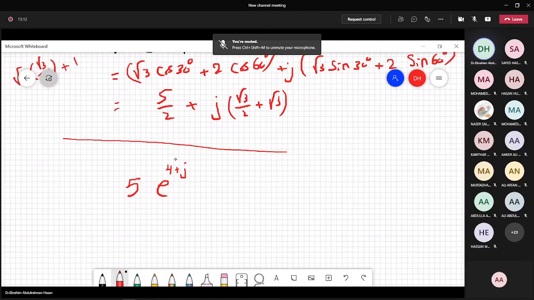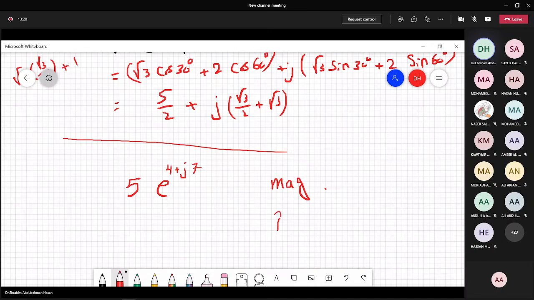What is the magnitude of this one? We want to find the magnitude, and I want to find the phase or angle.